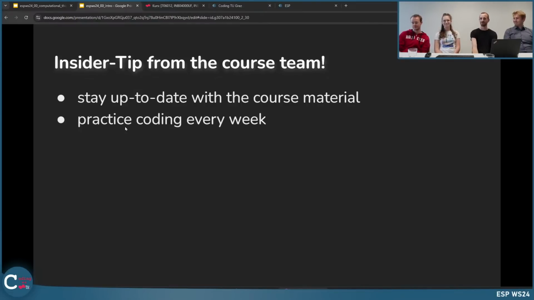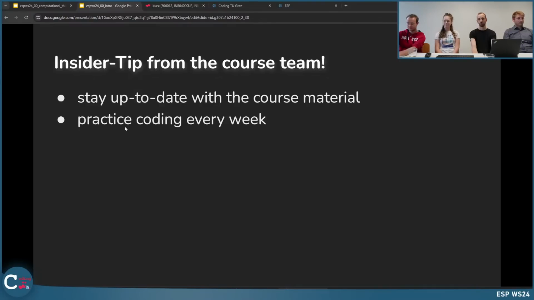So please practice coding every week. That's another very important thing. We've seen students watching the lecture regularly and thinking they are on track and making great progress, but they never really started programming on their own. And then the assignment is coming and they finally find out, okay, this is much harder than thought.